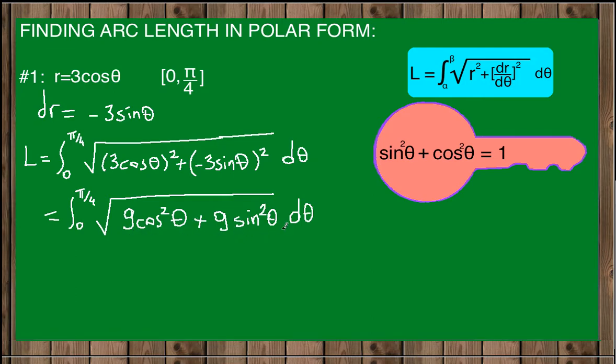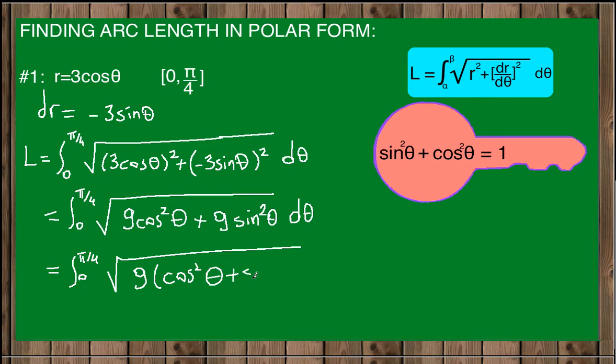Now we can factor out 9 here. So 9 factored out. What is left inside? Cosine squared theta plus sine squared theta.